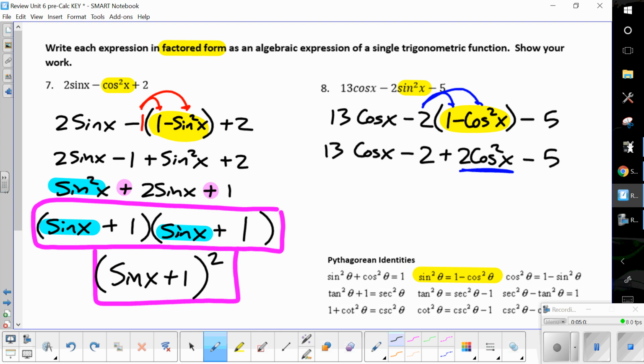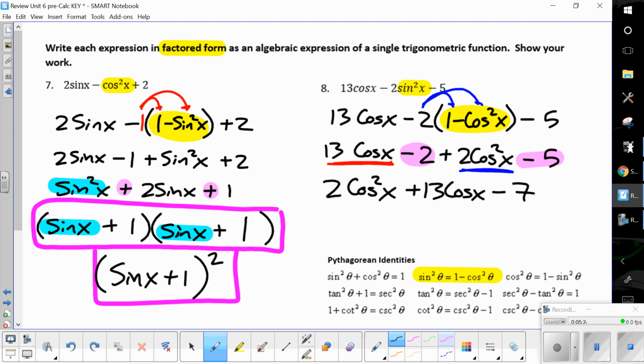I want the squares to go first, the cosine to a power of 1 to go second, and then obviously I'm going to go ahead and combine like terms and put these two together at the end. So I get 2 cosine squared of x plus 13 cosine of x negative 7.